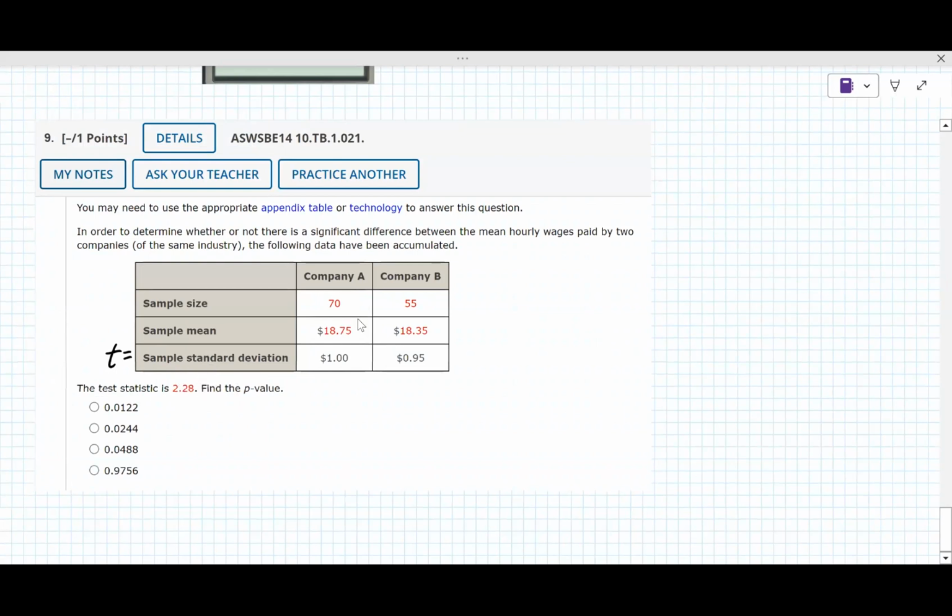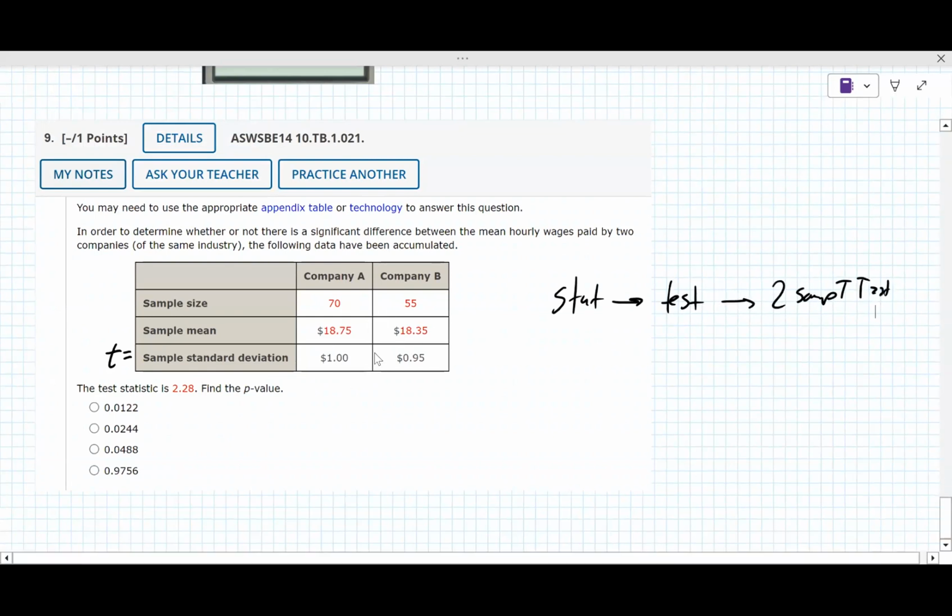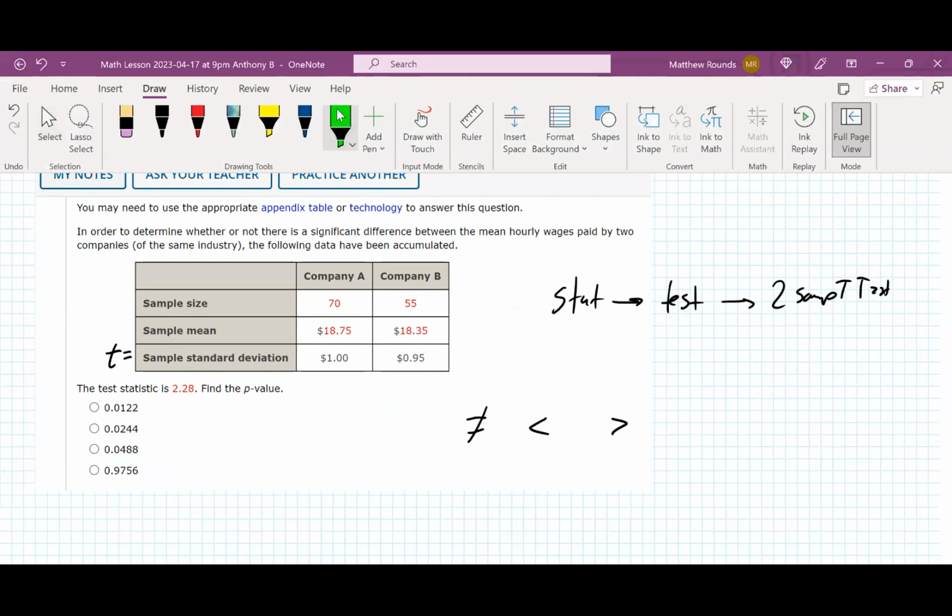But what I'd like you to do is go to stat, test, 2-sample t-test. Same one, right? And enter this information one more time. And then you'll see three options: not equal to, less than, or greater than. And we're going to talk about that in a moment. But would you mind going there and calculating?